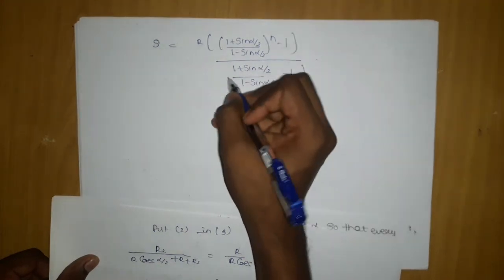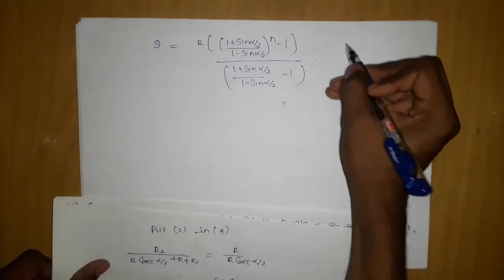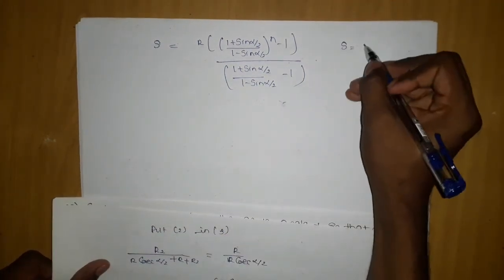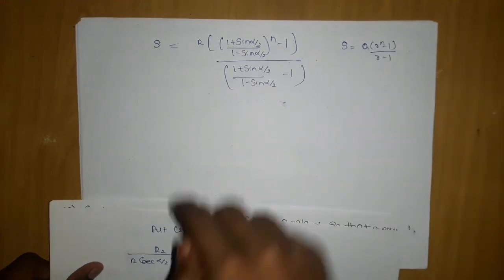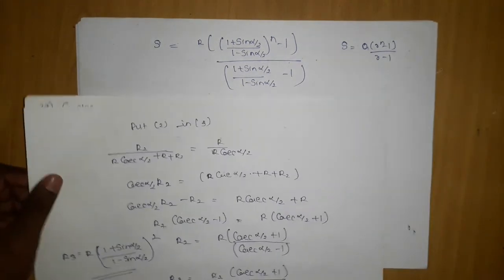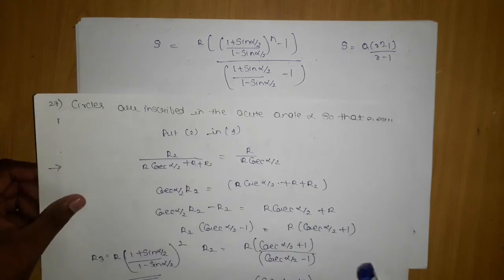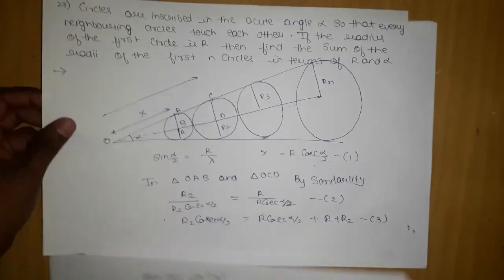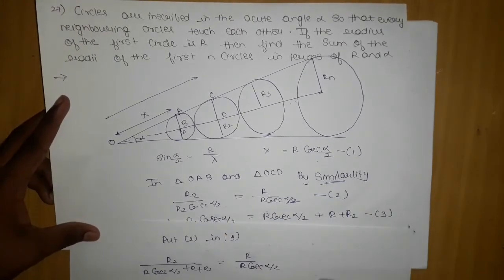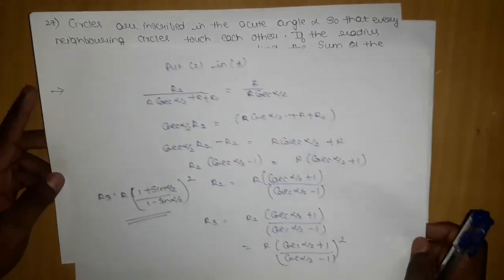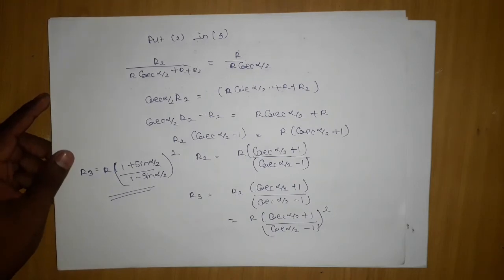This formula is nothing but the GP formula a into r power n minus 1 upon r minus 1, which we used here. Hope you have understood. Predicting this part is difficult, but all the rest of the parts are very easy, and you can solve it easily.